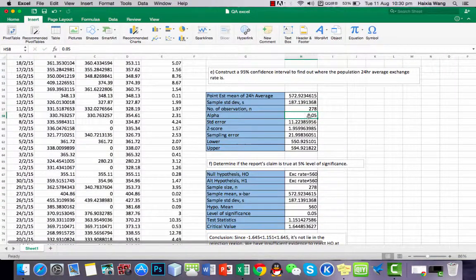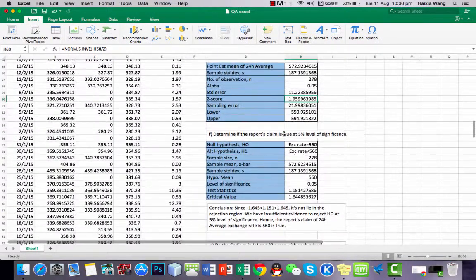For alpha, it's 1 minus the confidence level, so I get 0.05 for this case. For standard error, the formula is equal sign standard deviation divided by the square root of the number of observations, so I get 11.22 for this case.